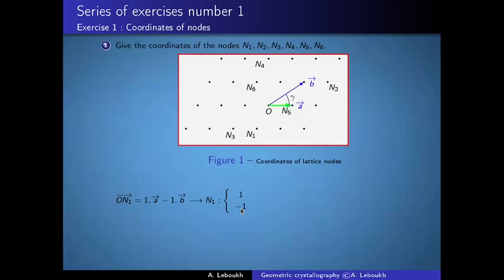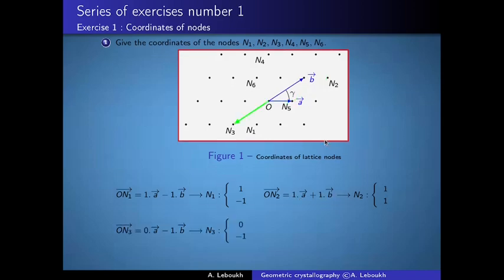In the same way, for N2, we have to do the translation 1A plus 1B. The coordinates are 1, 1. For N3, we have to do the translation 0A plus minus 1B. The coordinates of N3 are 0, minus 1.